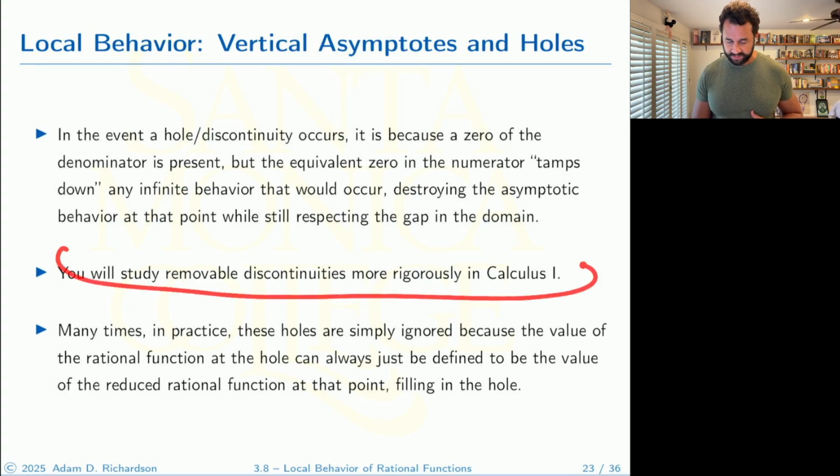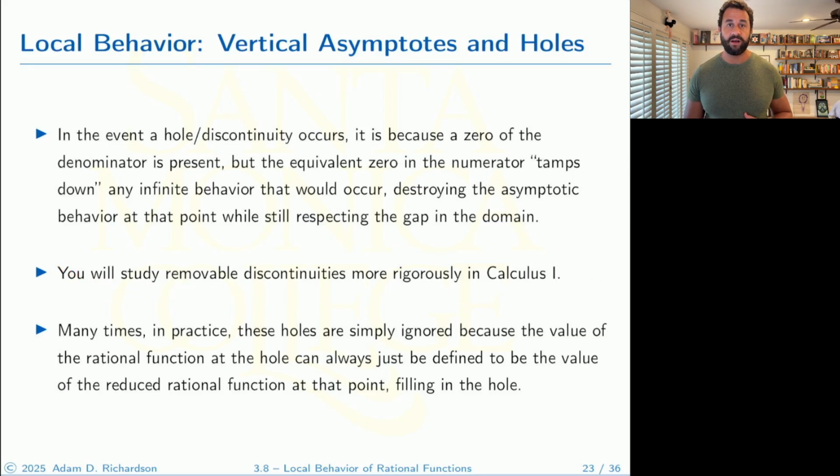You're going to study these types of discontinuities more in Calculus 1, so we won't dwell on them a ton here. But the other thing is this, many times in practice, those holes are just kind of ignored. You're even going to see it in Mathematica in a few minutes here, because the value of the rational function at the hole can always be defined to be the value of the reduced rational function at that point, filling in the hole.